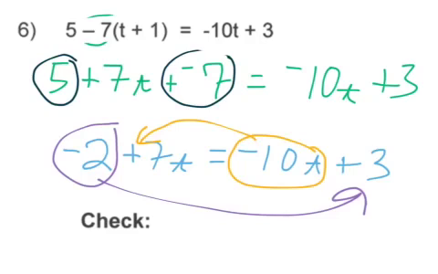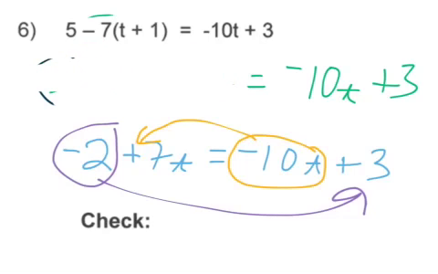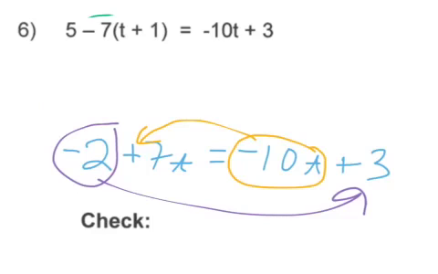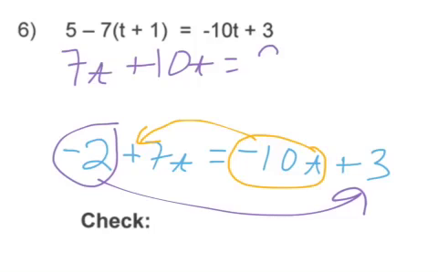Let's clear some room. And now we can see that 7t plus a positive 10t equal 3. The negative 2 jumps over, becomes positive.